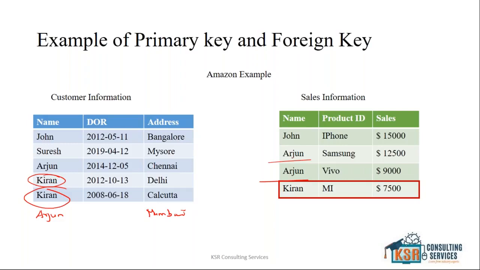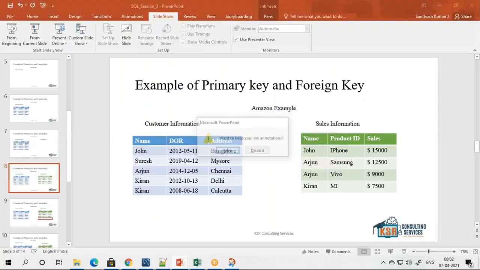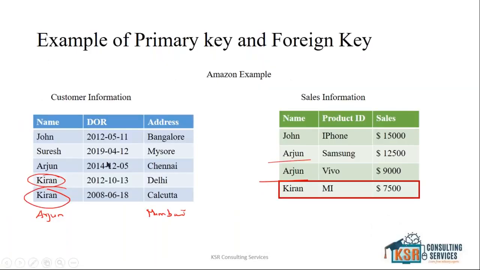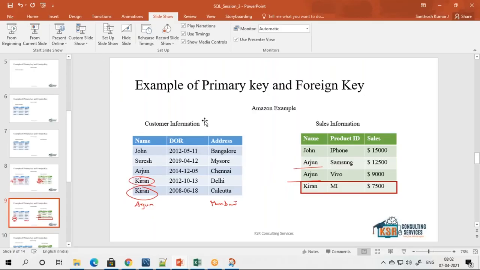Even in your customer information, the Arjun is there, right, in Chennai. But in your sales information, Arjun is there in both; you have two records. Okay, initially, let us say you're talking about the initial term.